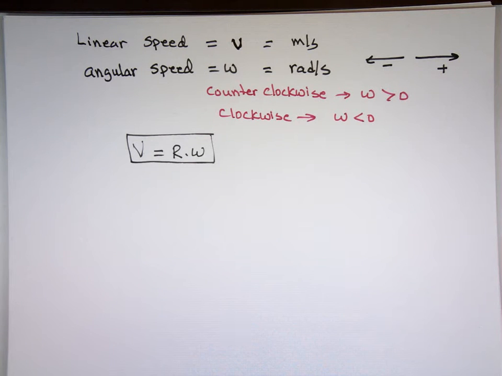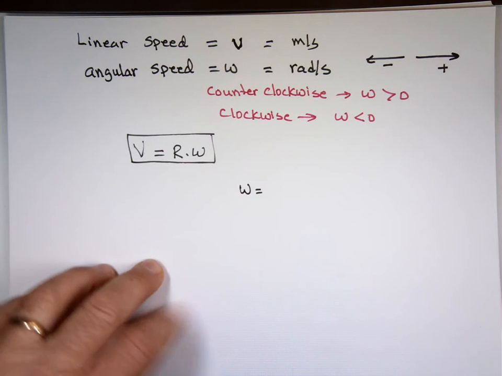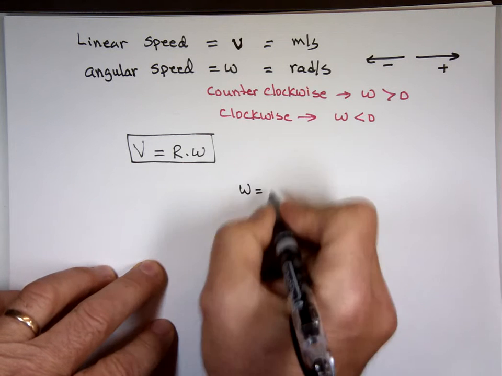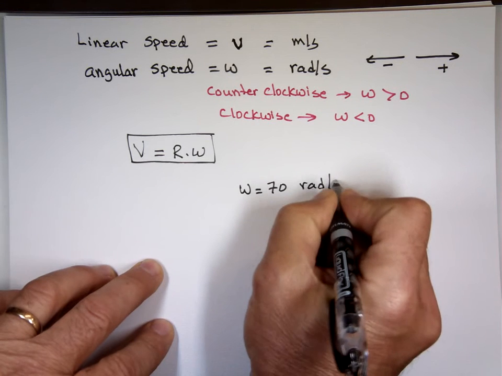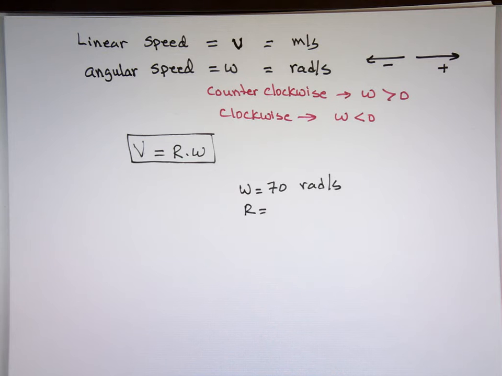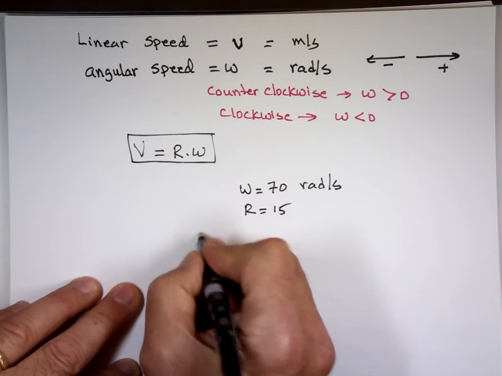If your W, you just pick a number, any number. 7 or 70? 70, okay. 70 rad per second. And let's pick a value for R. Pick a number for R, any number you want to use. 15. What is V equal to here?